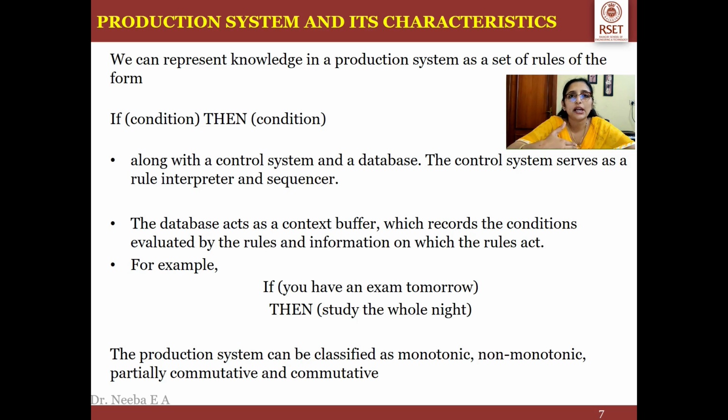The database acts as a context buffer which records the conditions evaluated by the rules. For example, if you have an exam tomorrow, then study the whole night. The production system can be classified as monotonic, non-monotonic, partially commutative and commutative.